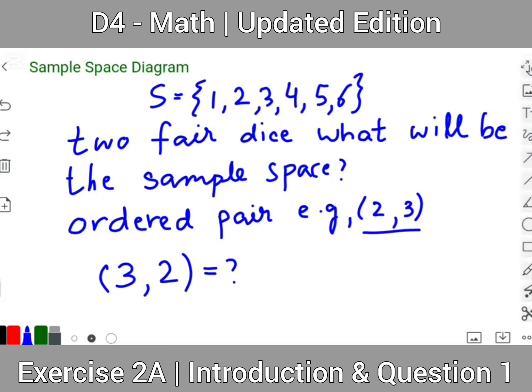So first we will write down the sample space for the experiment where 2 fair dice are rolled.